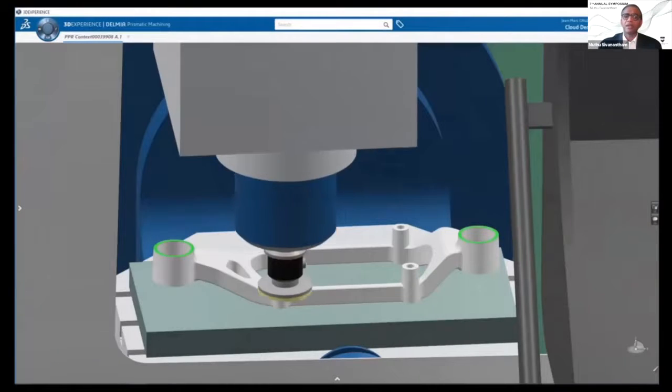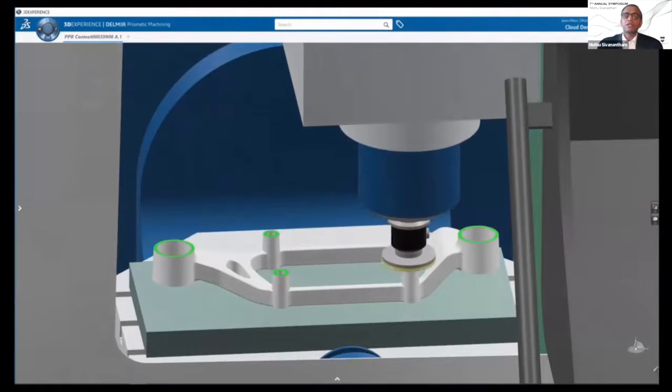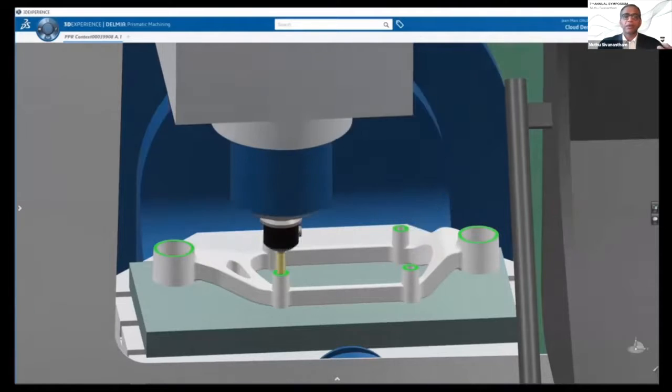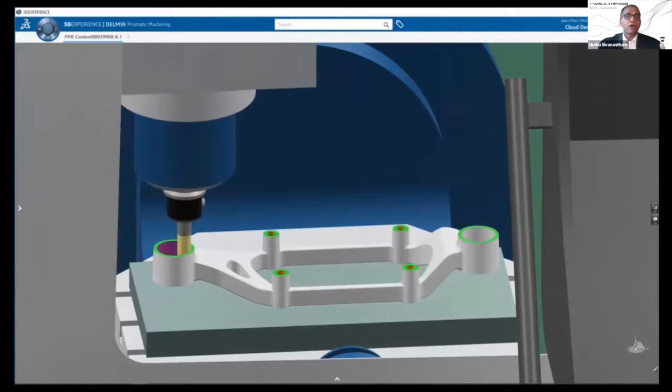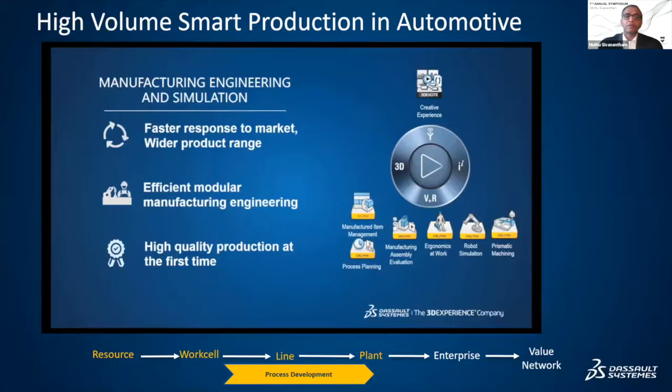And you can extend that to your machining, your 3-axis, 5-axis machining, be it additive or the traditional machining shops. So basically, with such a digitally connected modular system, with many virtual runs in advance, you are still able to get a good quality product the first time, most of the times.